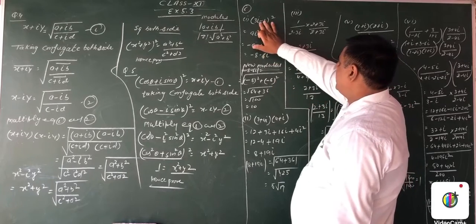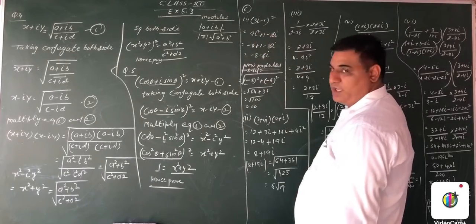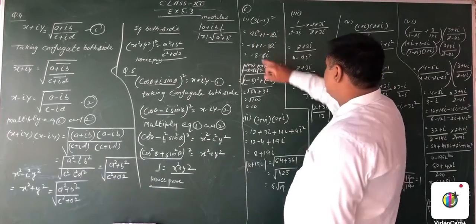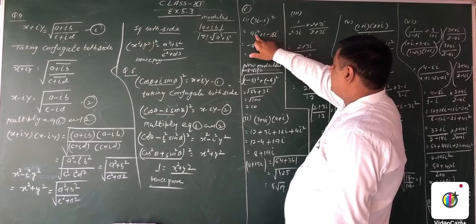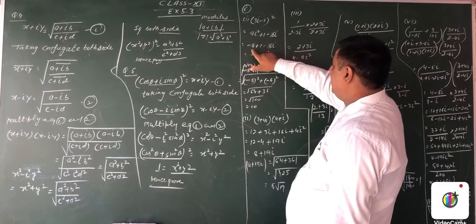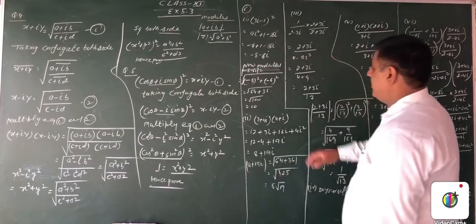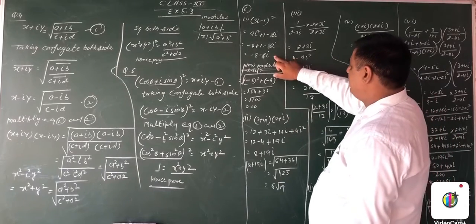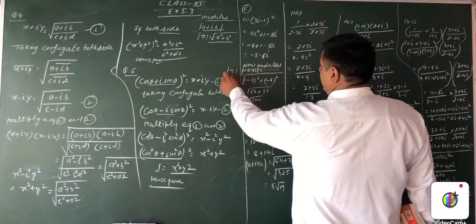Now (3 iota minus 1) whole square. We use the identity of (a minus b) whole square, which is a square plus b square minus 2ab. 9 iota square, we put the value of iota square as minus 1, so this becomes minus 9 plus 1 minus 6 iota. Then this becomes minus 8 minus 6 iota. Now we find the modulus of this complex number.